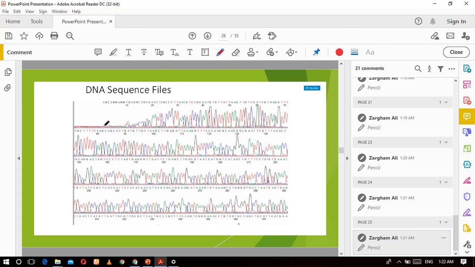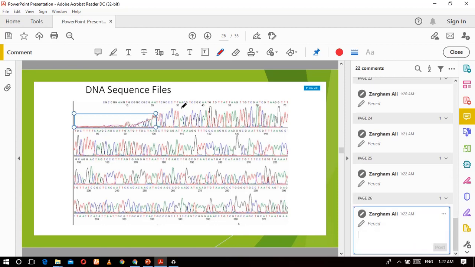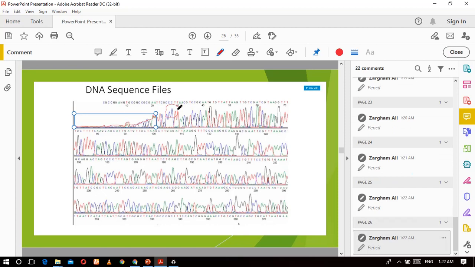Then we can see a slight mountainous region, and the topography is changing, some down, some up, like this. Basically, this mountainous region indicates the intensity of our nucleotide. As you can see, this is very much up as compared to this flat region. It means that the frequency of C is very much higher as compared to T in the initial phase of DNA sequencing.